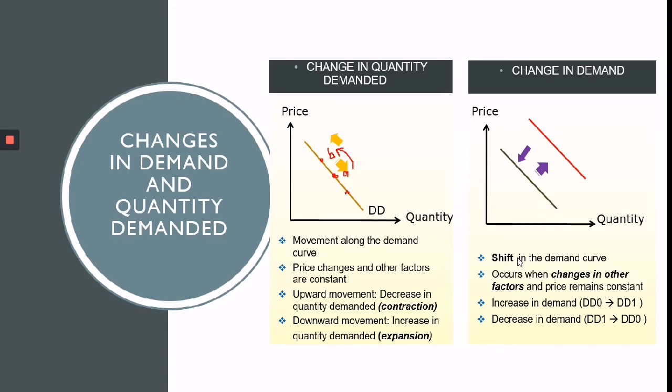Let's say we have another point here, point C. If there is a movement from point A to point C, it means the quantity demanded is increased, which is also known as expansion in demand.